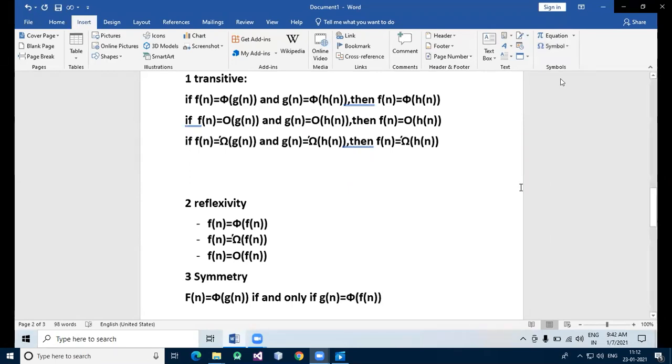Okay, so this is about symmetric properties.